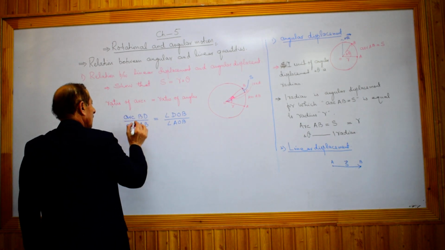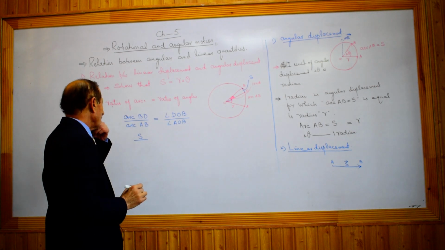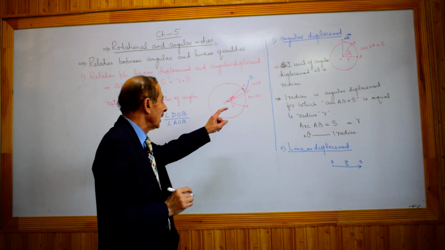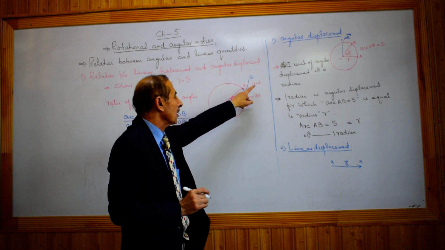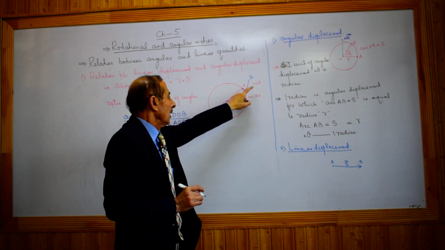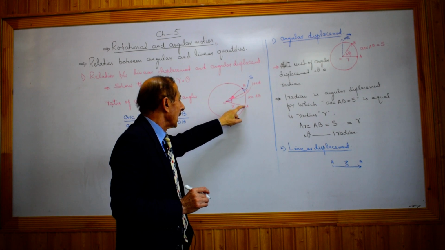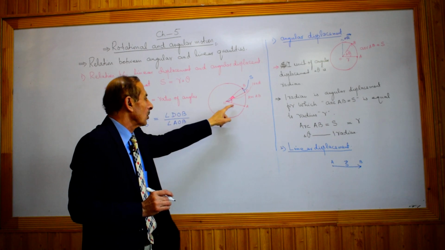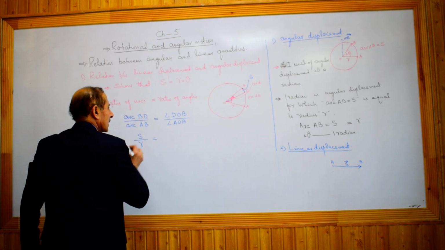So arc BD is S, divided by arc AB, which is equal to the radius of the circle, because angle AOB is equal to 1 radian, and this angle can be equal to 1 radian only when the length of arc AB is equal to the radius. So R is the radius of the circle.